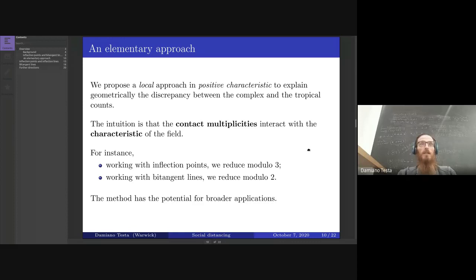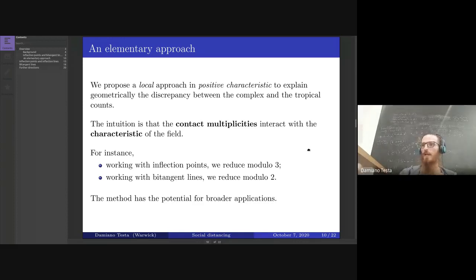So it's really a matter of looking at the multiplicity of a single point once you specialize, a single inflection point or a point of bitangency, from characteristic 0 to characteristic 3 or 2, depending on the case. The approach will be entirely local, over a field where we can specialize from characteristic 0 to characteristic either 2 or 3.